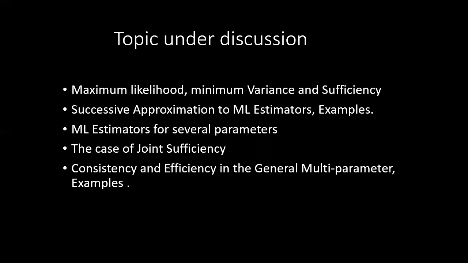Then successive approximation to maximum likelihood estimators, with some examples relating to this topic, and then maximum likelihood estimators for several parameters, the case of joint efficiency, and also consistency and efficiency in the general multi-parameter case, and we will consider examples relating to this.